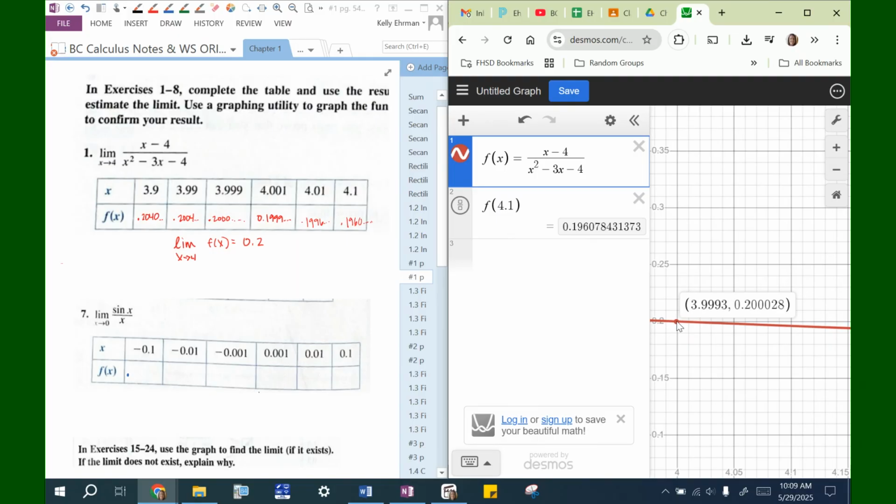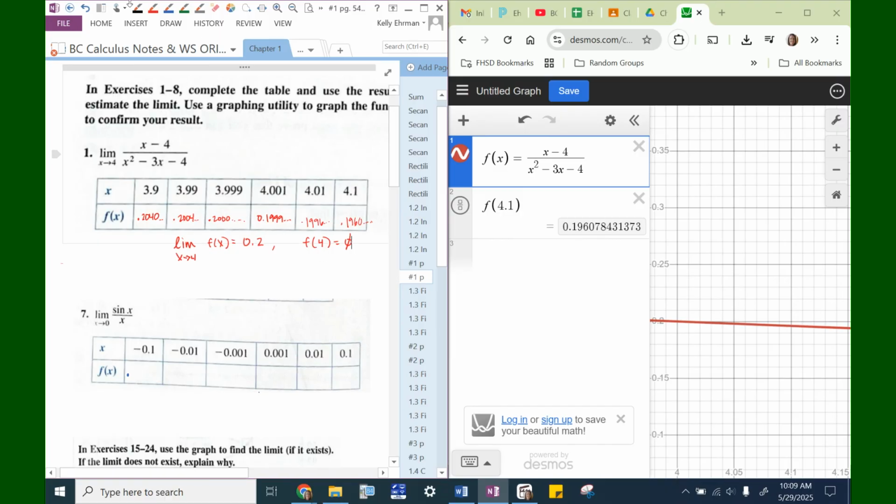So we are getting closer to 0.2 as we get closer on either side. So I'm estimating this to be the value, even though f of 4 is a hole in the graph. It's non-existent.